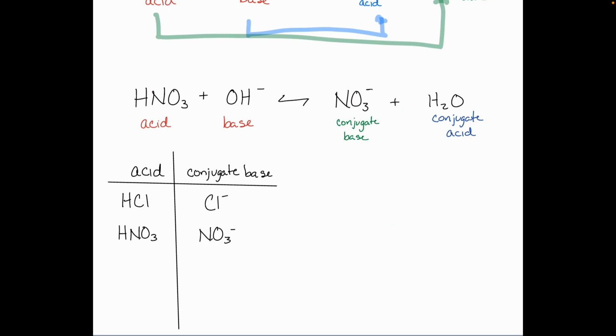Okay, so then given something like HBr, notice that in order to get my conjugate base, I'm going to decrease my number of hydrogens by 1. So this would just be Br.